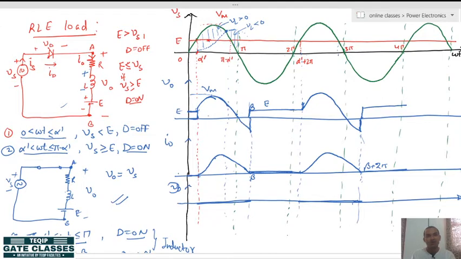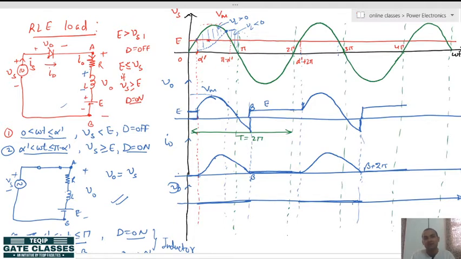Let me mark it here. But if you mark the time period from 0 to 2 pi, then you have to break the curve 3 times: from 0 to alpha dash, alpha dash to beta, and from beta to 2 pi.